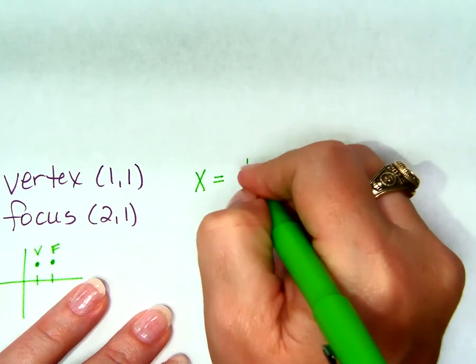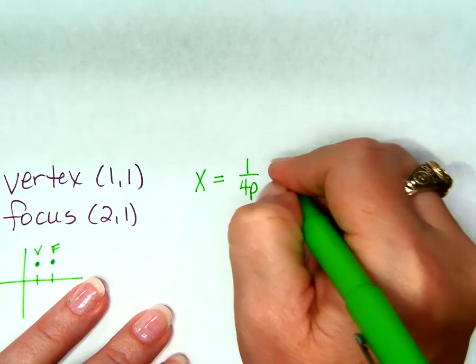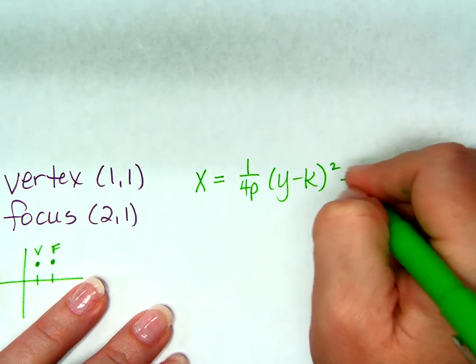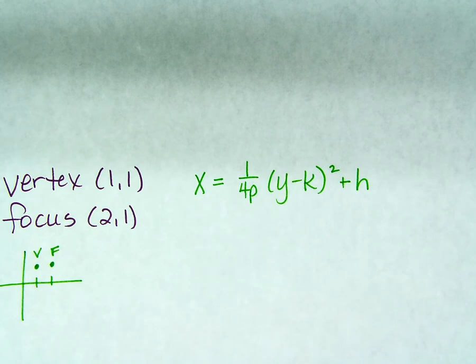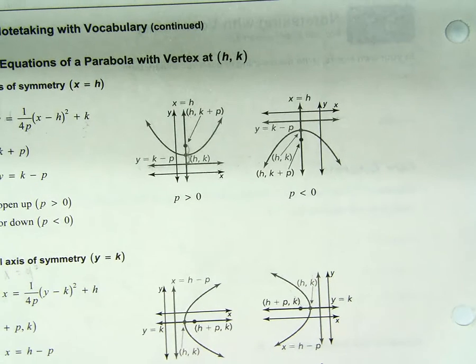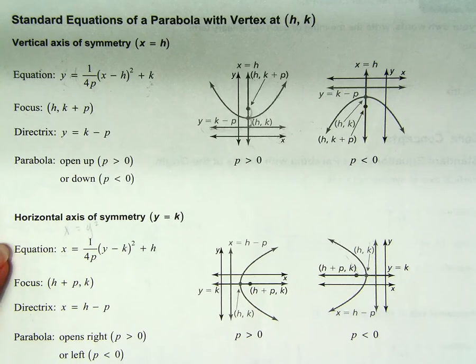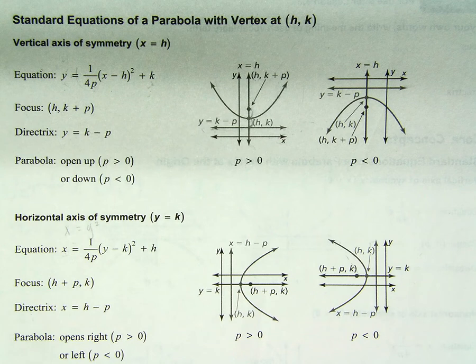X equals 1 over 4p times y minus k squared plus h. Now I'm going to go back to the sheet for just a second because I need to make sure that we notice something together. You might have noticed it. I noticed it. Can we make sure we all noticed it?